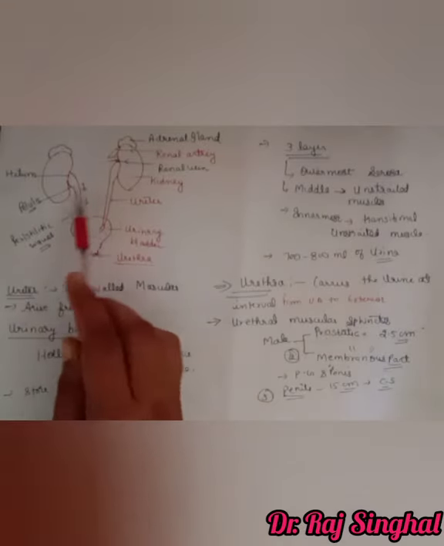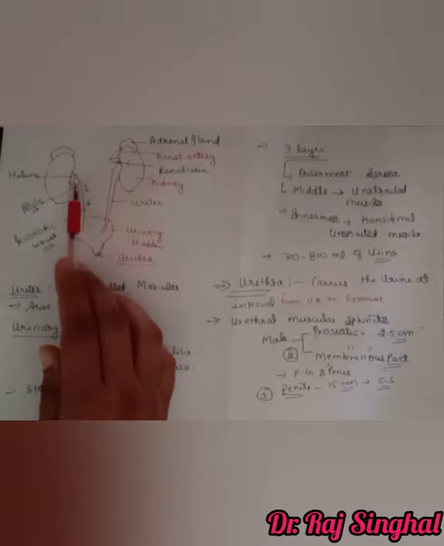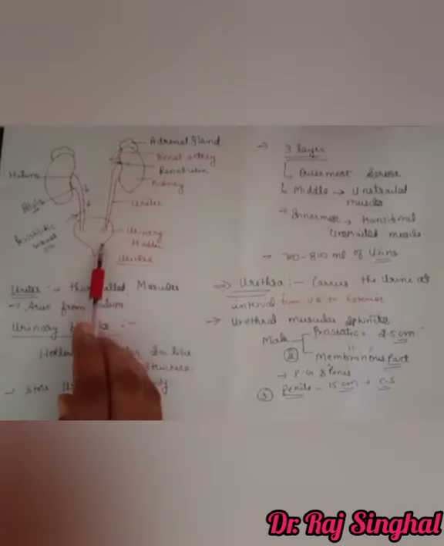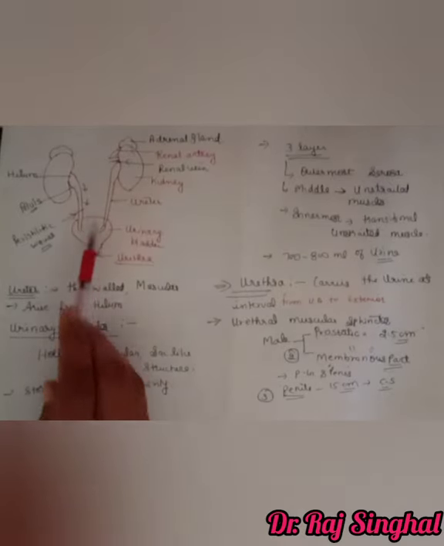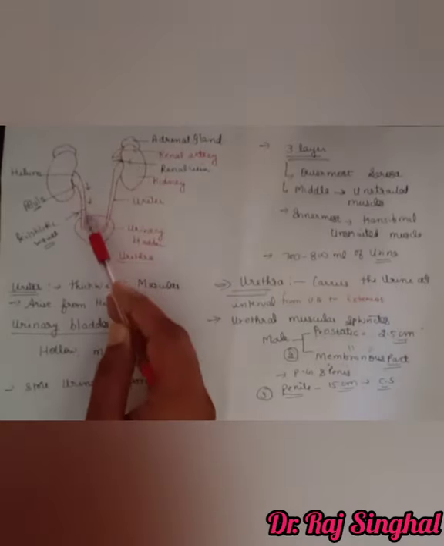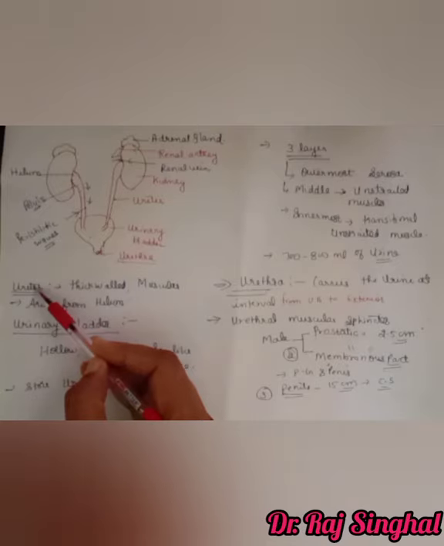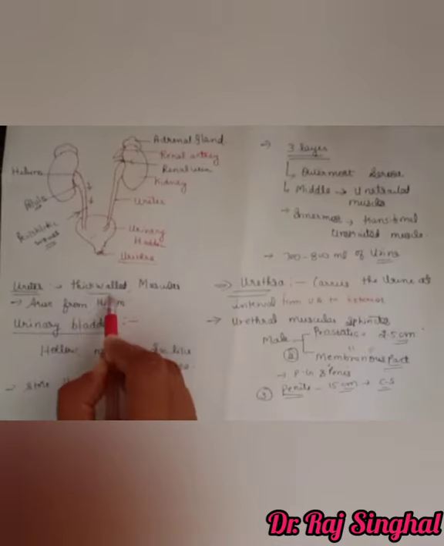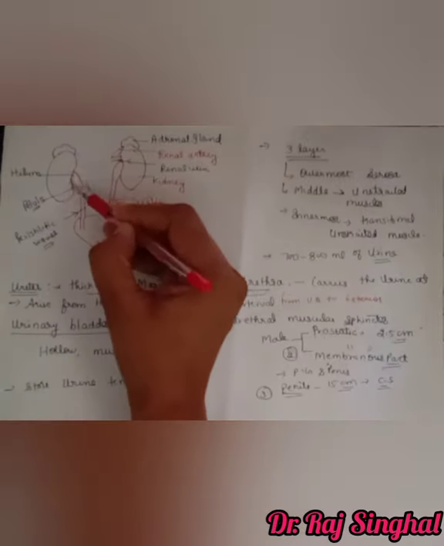This is the diagram of the human excretory system consisting of two kidneys and a pair of ureters, opening in the urinary bladder, to the exit by the urethra. We have seen the structure of the kidney. Now the pipe connecting the kidney to the urinary bladder is the ureter. The ureter is a thick-walled muscular structure which arises from the hilum.